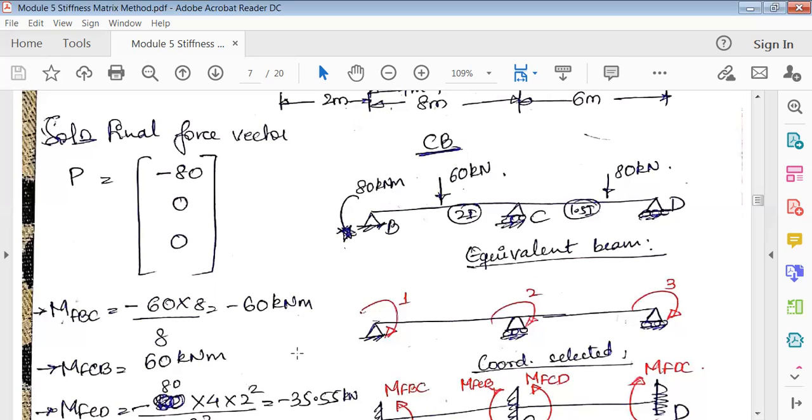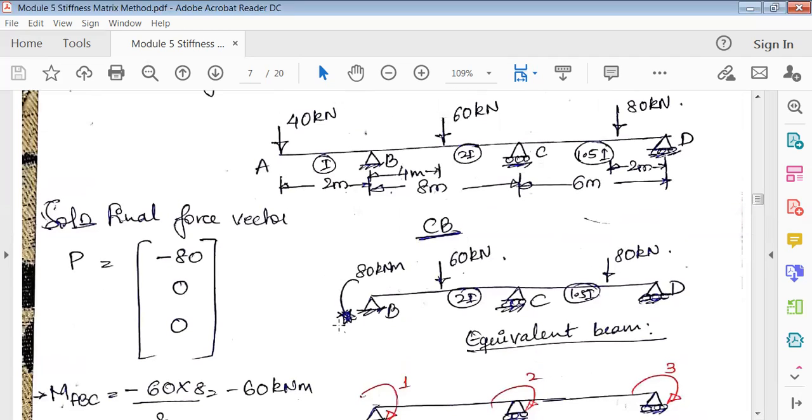Then as usual, find out the fixed end moments. Before we could start that, find P. So P is nothing but the rotations or the moment acting at that particular joint. So the joints happen to be B, C, and D. At B there is already a moment. So it is 80. We have converted this overhang into a moment.